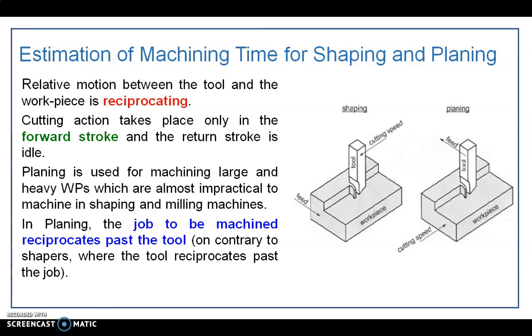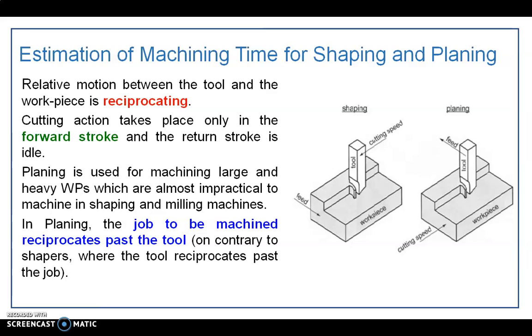The cutting action takes place only in the forward stroke, and the return stroke is idle in the shaper. Planing is used for machining large and heavy workpieces which are almost impractical to machine in a shaping and milling machine.